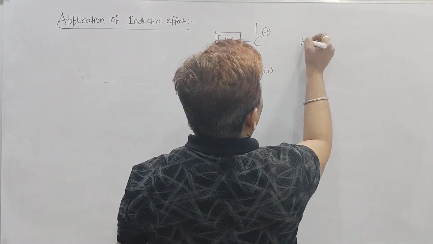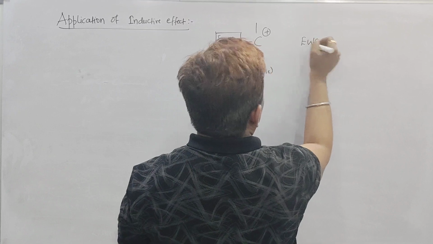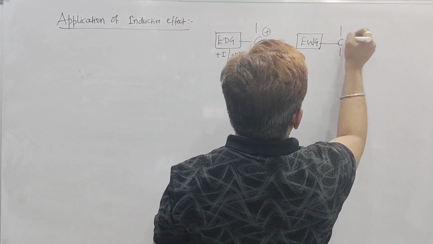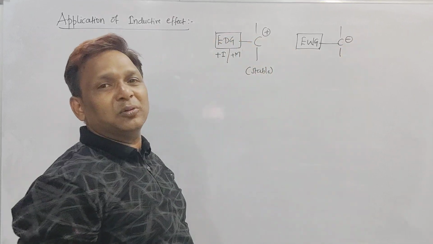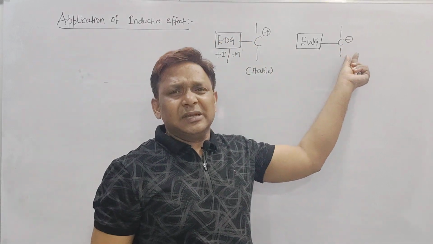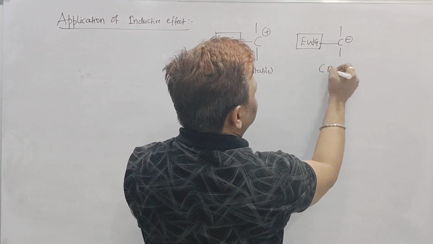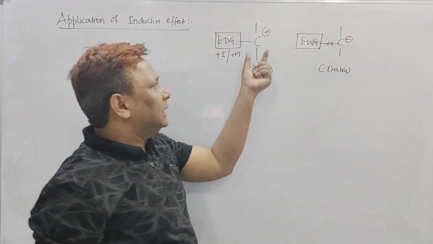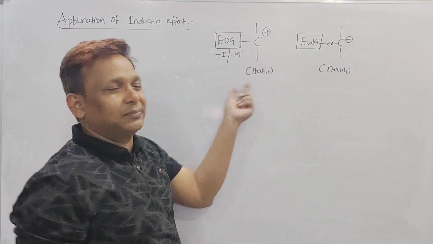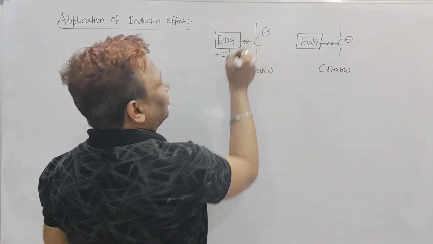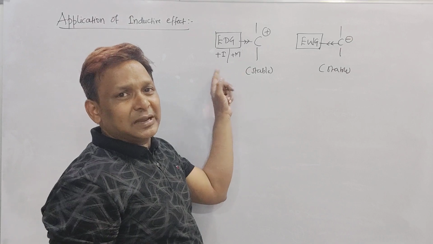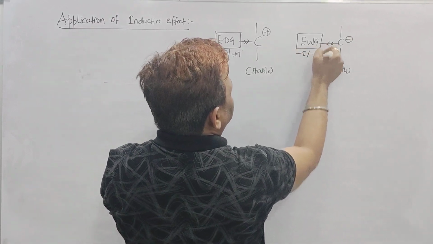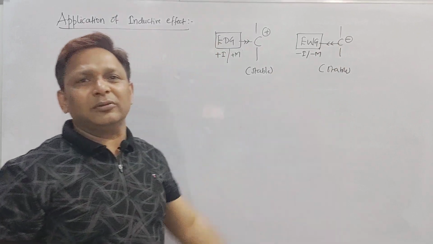In the same way, all the electron withdrawing groups can stabilize the negatively charged species. Any negatively charged species is stabilized by electron withdrawing groups, and any positively charged species is stabilized by donating groups. So electron donating means plus I, plus M, and electron withdrawing means minus I or minus M. M means mesomeric, we are going to discuss.